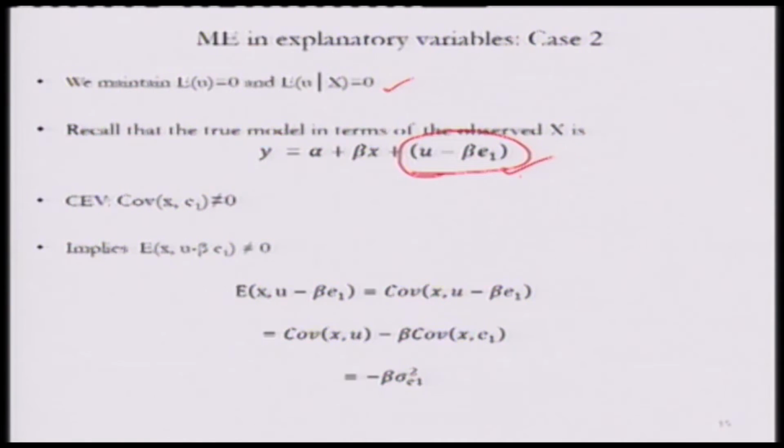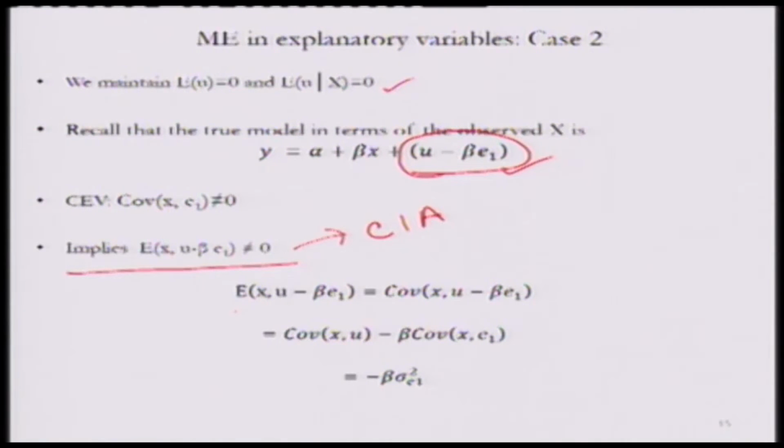What does this imply about the covariance between x and the new error term u minus beta E1? This is what we need to understand, because this essentially gives you the CIA, the conditional independence assumption, and effectively determines whether the estimation of beta hat by OLS is biased or not.